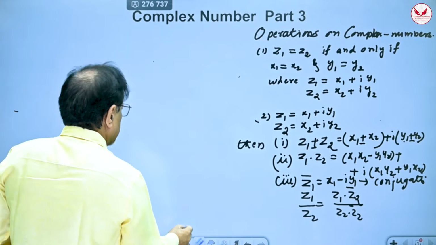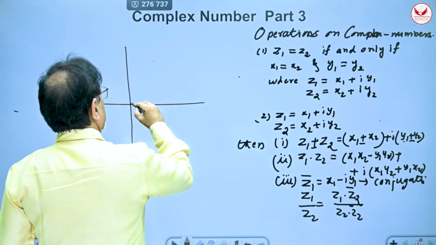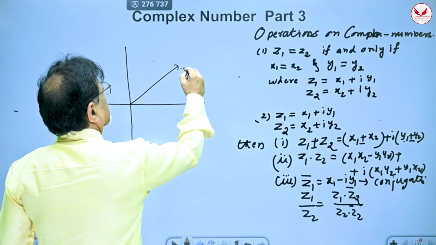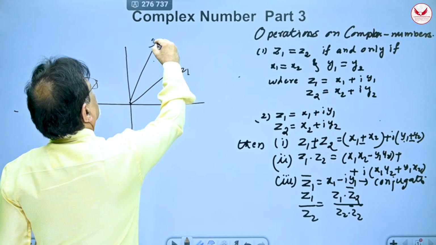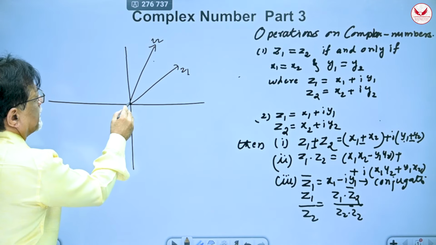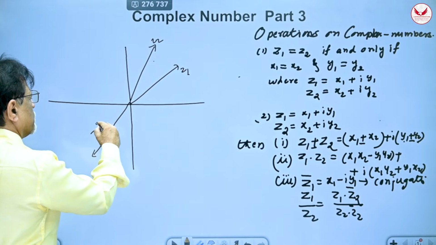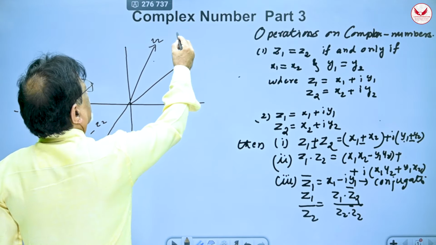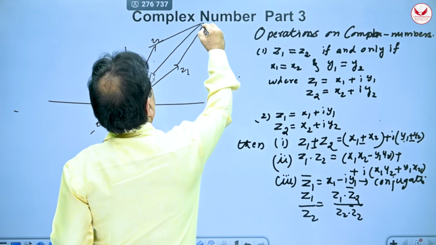Okay, so let us say this is z1. Correct? Let us say this is z2. This will be down below. This will be minus z2. Okay. So z1 plus z2 can be found out by completing this parallelogram and drawing its diagonal.